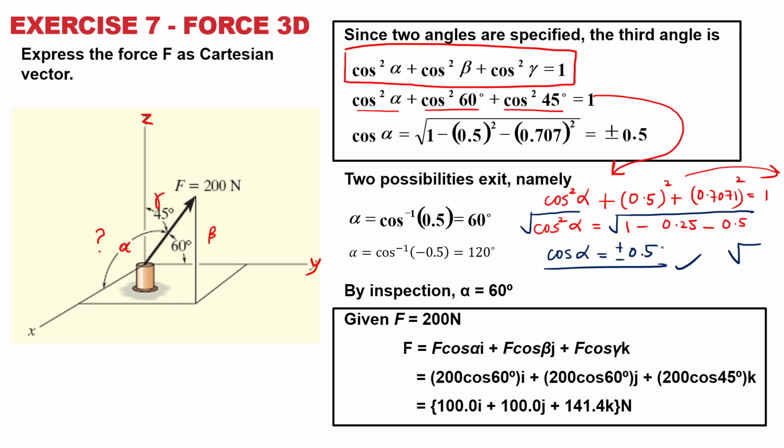In order to decide which one is which, you have to look at the angle. If you are assuming positive, which is the top one, you get 60 degrees. If you are assuming negative, you're going to get 120 degrees.